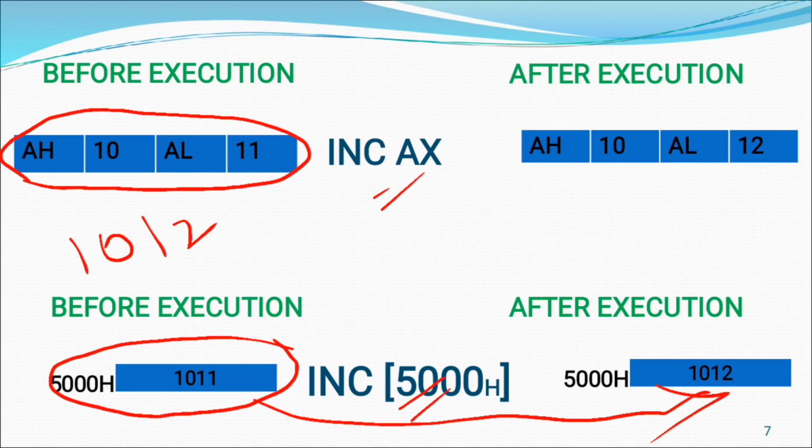So when we add 1 to 1011, it becomes 1012. This is called the increment instruction. The increment instruction is going to add 1 to the content of the source register or source memory location. That is the increment instruction.